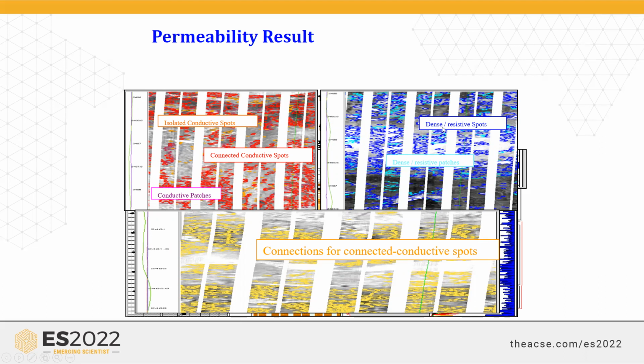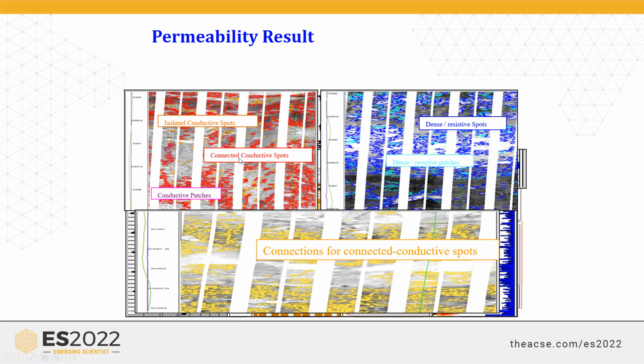In this part, we can see dense resistive spots and resistive patches, based on the color. In anhydrite you can see some isolated dense spots.